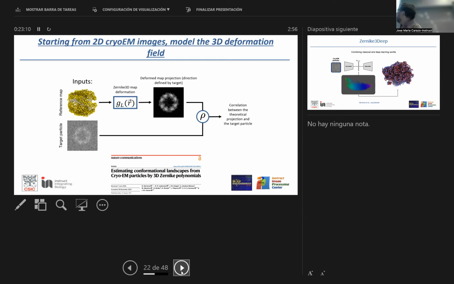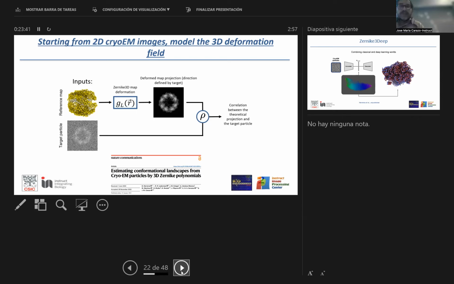And then we just check how close we are from this computer simulated image to the experimental image. If this deformation field is not properly computed, well, the difference between this projection image and this experimental image is going to be very large. So we try to minimize this difference by changing GL.